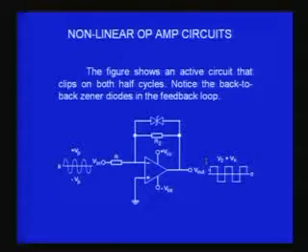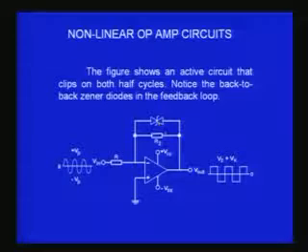So VZ plus VK is the point at which it will be clipped on both the positive side and the negative side, because one Zener breaks down for one excursion of the signal, and the other Zener diode breaks down for the other excursion. What you get is a clipped sine wave, or basically something close to a square wave. So when you want to convert a sinusoidal signal into a square wave, you can make use of a clipper of this type, which uses a Zener diode in the feedback, and you can get a square wave.